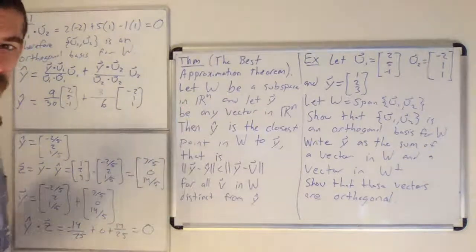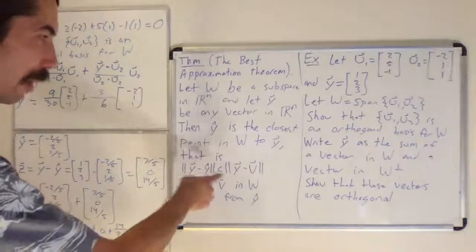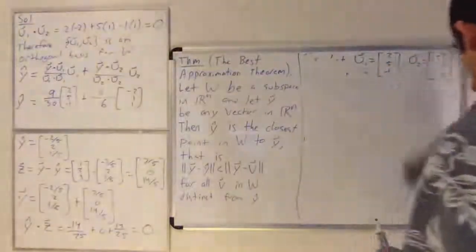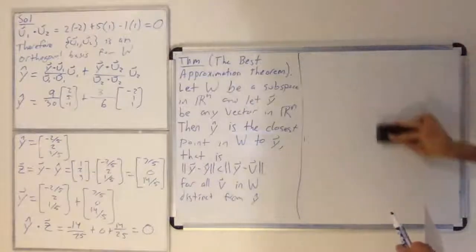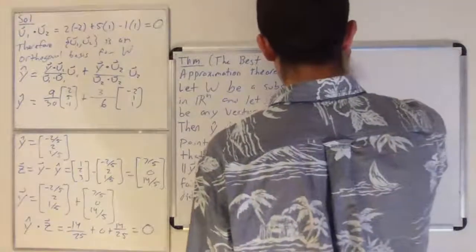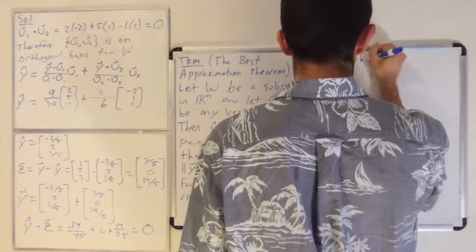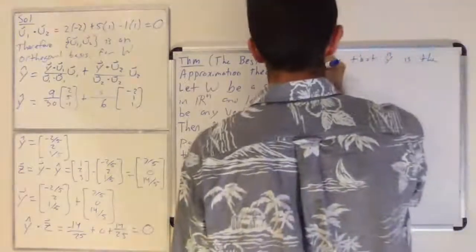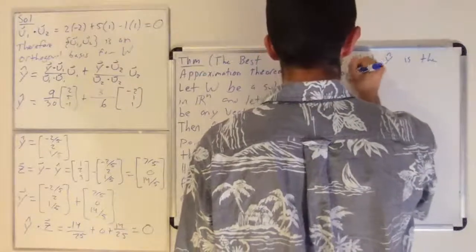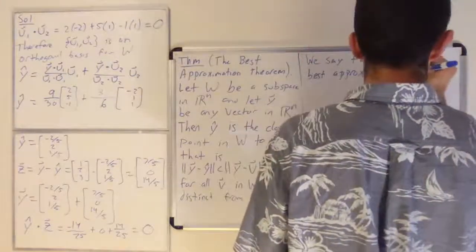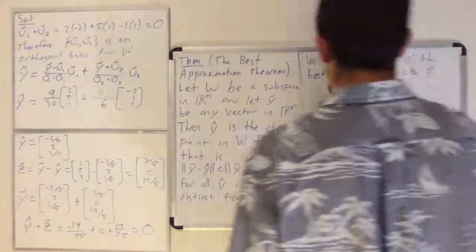So this projection onto the subspace is the closest point in the subspace to our vector. And we say that Y hat is the best approximation to Y by an element in W.